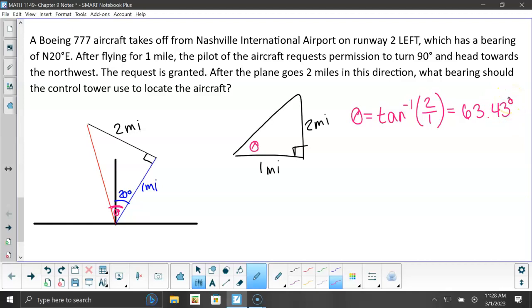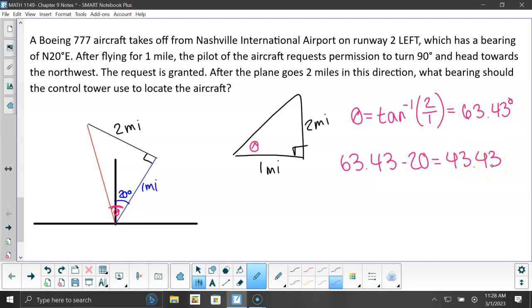Now, is that the bearing that I need, or is that just the entirety of that angle? Yeah, it's that whole angle. So I have to subtract off the 20 degrees from that. 63.43 minus 20 is 43.43.